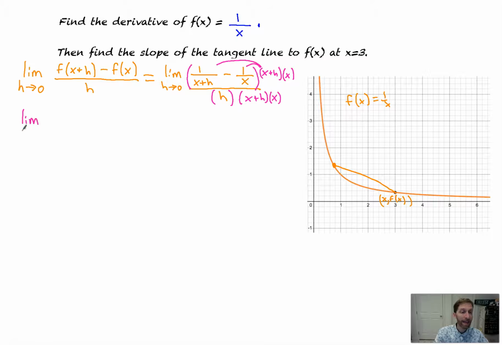So I've got the limit as h goes to 0 of 1 over x plus h times that, and then your x, again, like I said, is remaining, minus, well, the x's will cancel when they're multiplied, leaving you with just an x plus h in the numerator, all over h times, there's no point in multiplying this out. It's the numerator we needed to kind of toss around there.